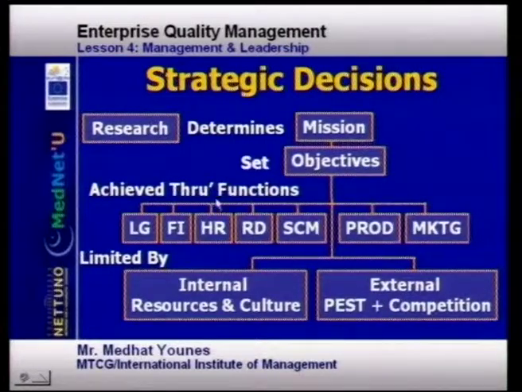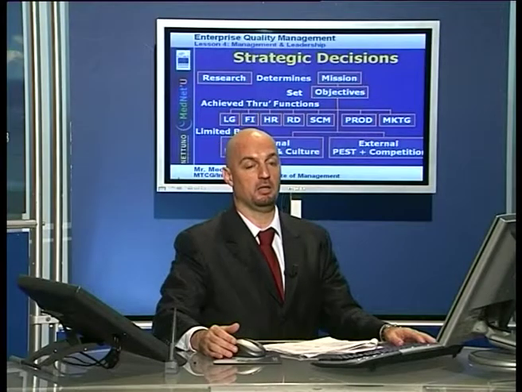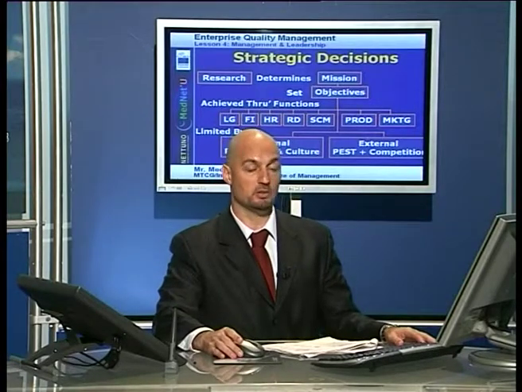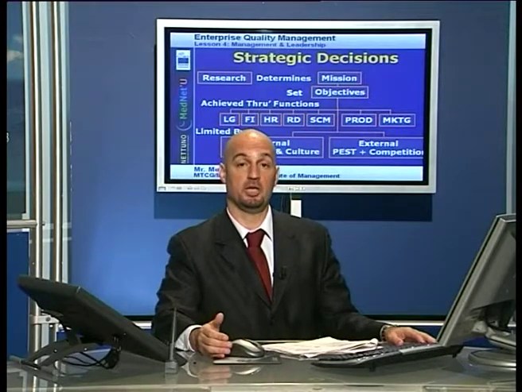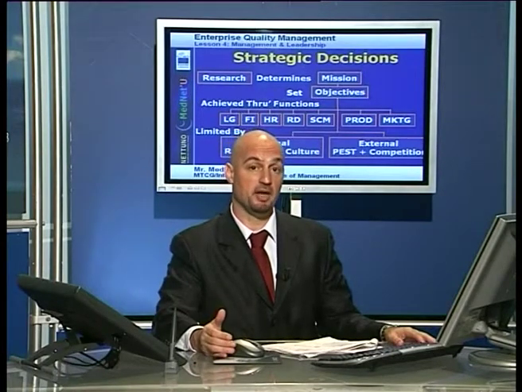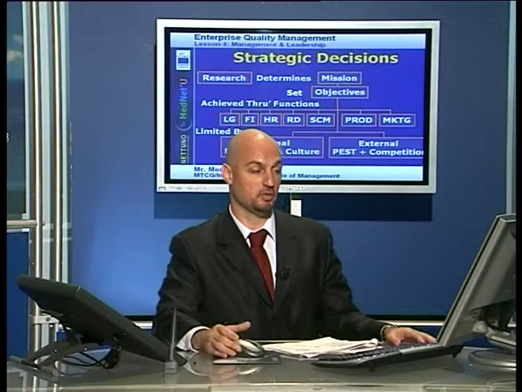Internal resources are like how many people you have and how well they know the technology, and culture is how well they can adapt to change. Can they change directions with the change of external market factors or internal changes?